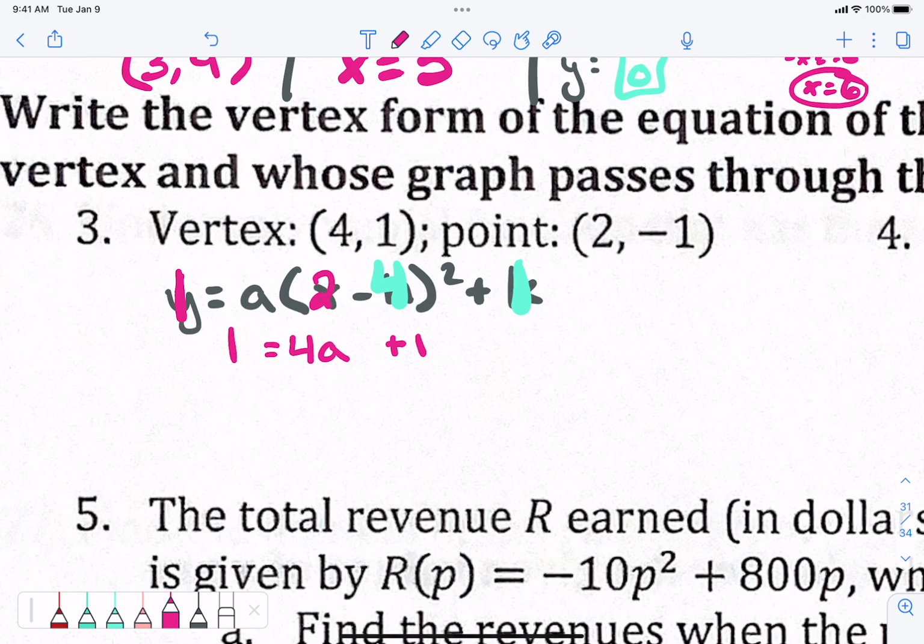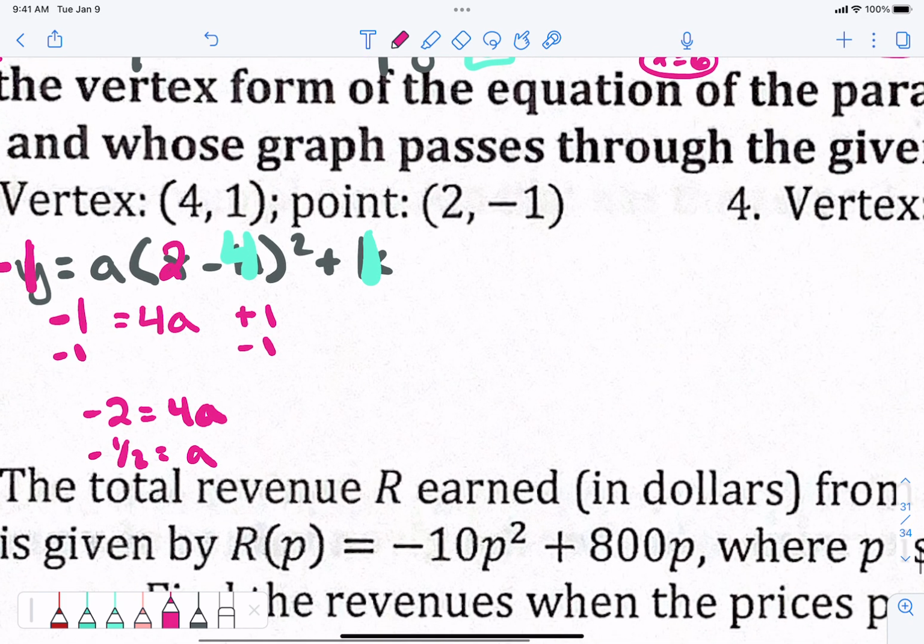Wait, y is -1, not 1, otherwise we'd end up with a being 0. So 4a plus 1 equals -1. Subtract the 1: -2 equals 4a, and a is -2 over 4, which is -1/2.